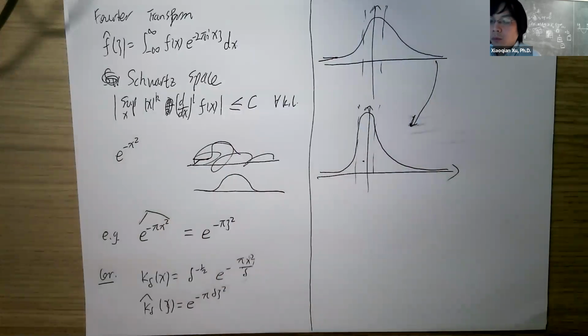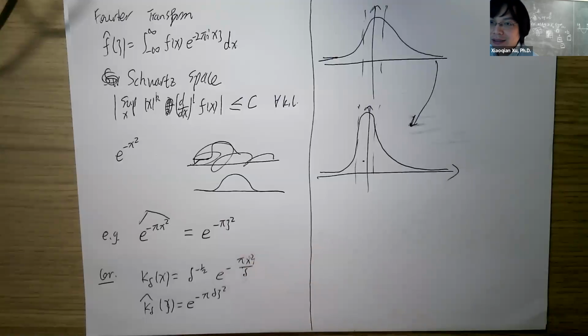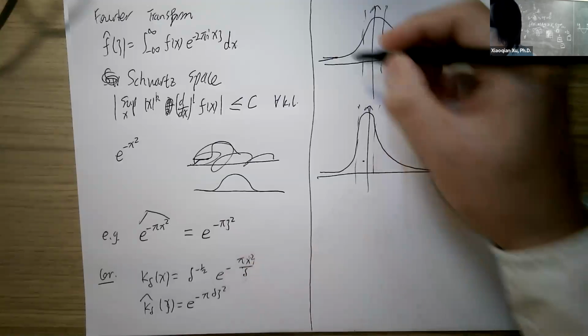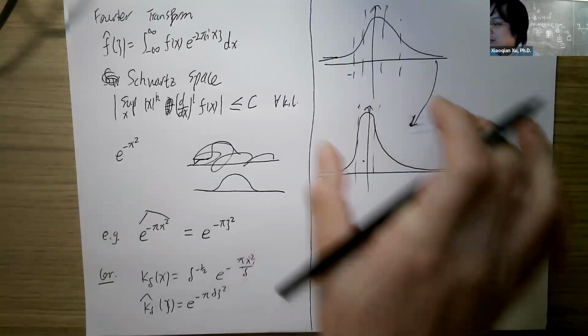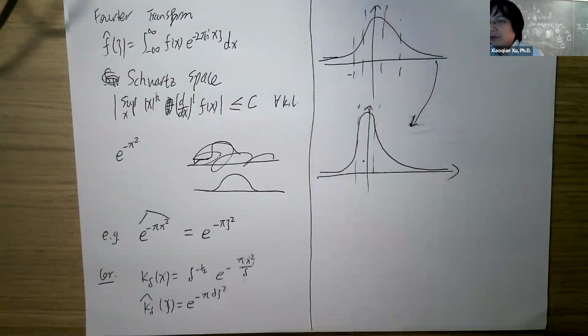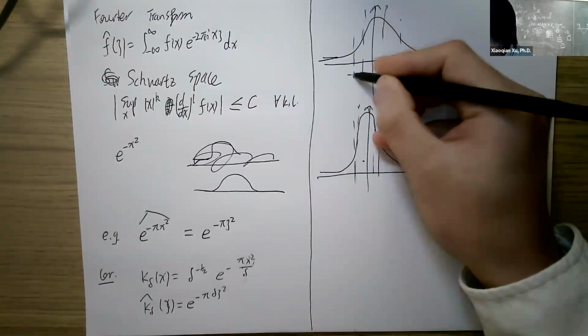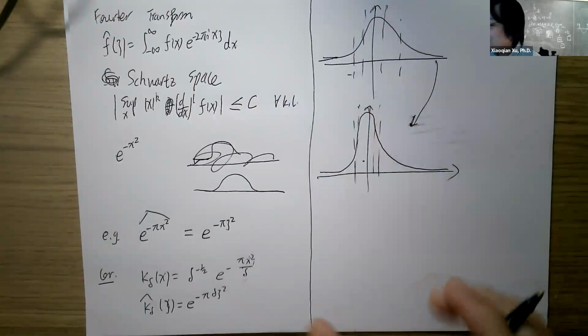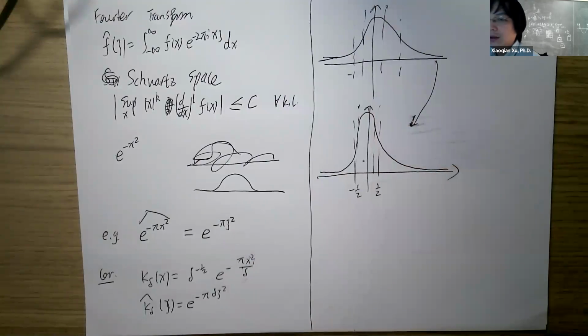So that means what you're trying to do is you try to change your x to, for instance, here your x is from -1 to 1, and well, it's very wide, and then you want to make this very wide domain to be something slightly not so wide, for instance, -1/2 to 1/2. The concentration becomes something like this.